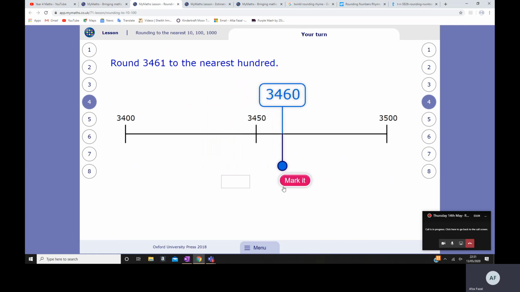So as you can see, it's going up. There it is. It's past the halfway mark. We're looking at the tens here to tell us which 100 it's closer to. So because there's a 6 in that position, you round up. So 5 to 9, you climb the vine, you round up. So it's closer to 3,500.